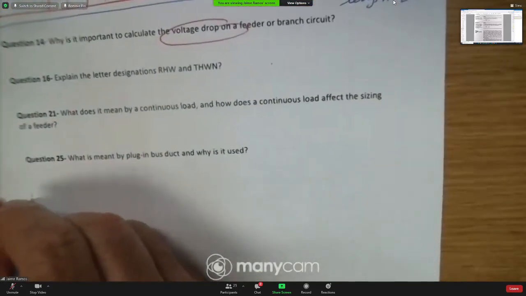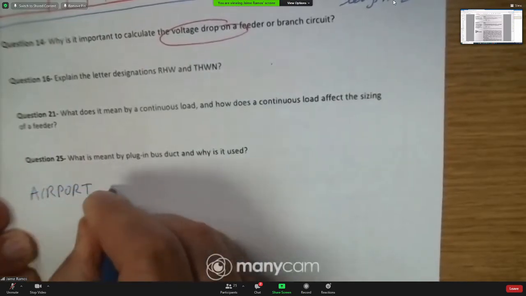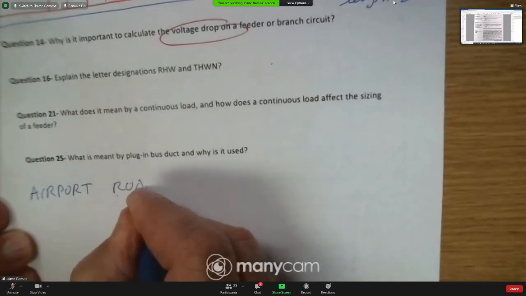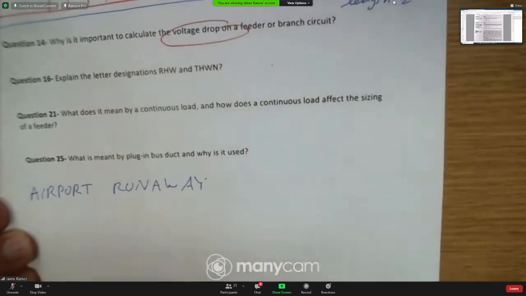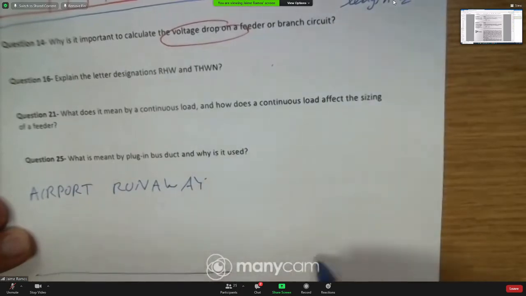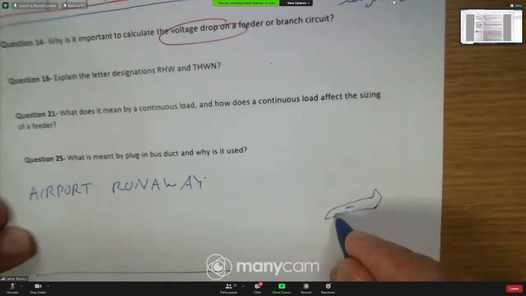Imagine an airport runway. So here is the pilot coming. Let's draw here a plane.